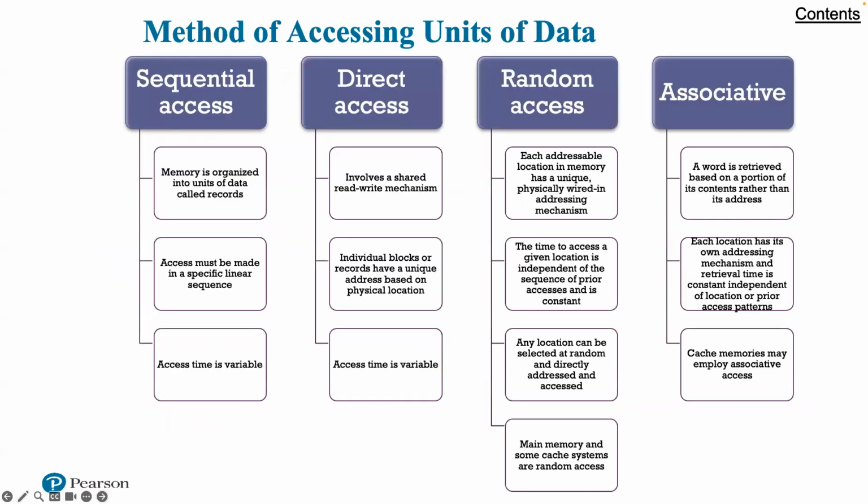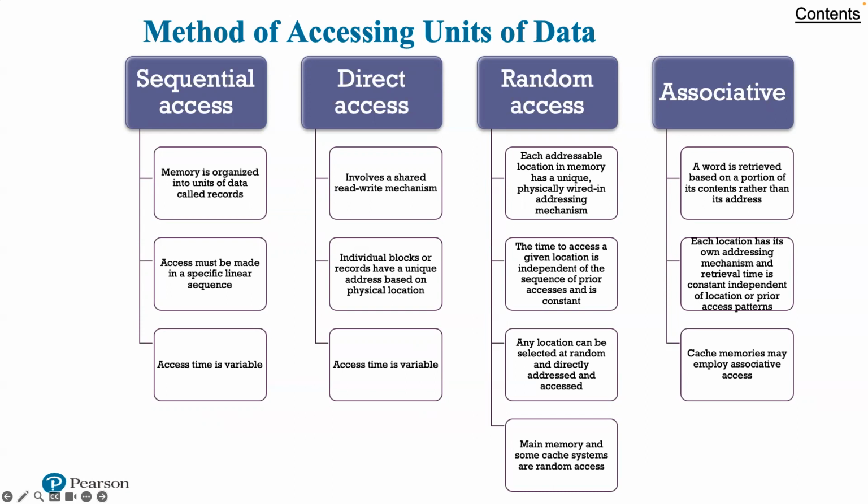Okay, here we have a table that's trying to give us a summary of the methods of accessing units of data. And so let's take this one at a time. First of all, for sequential access, memory is organized into units of data called records. Access must be made in a specific linear sequence.